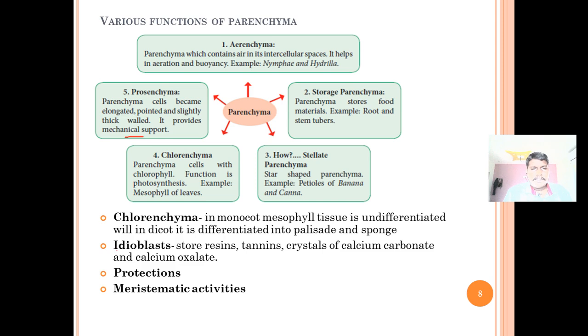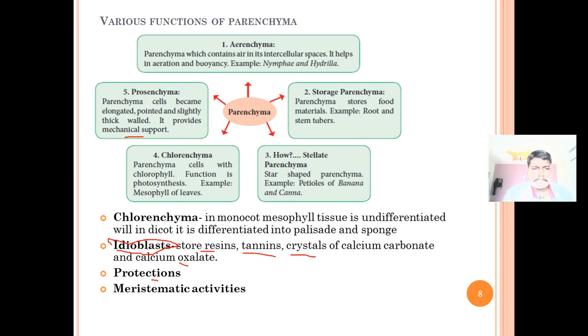Okay, the next very important one is idioblast. Idioblasts are parenchyma cells which store resin, tannin, crystals of calcium carbonate and calcium oxalate. That means waste products have been stored in the cells. This kind of parenchyma cell we call an idioblast. Another important function of parenchyma is protection.